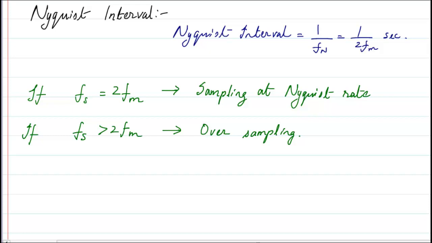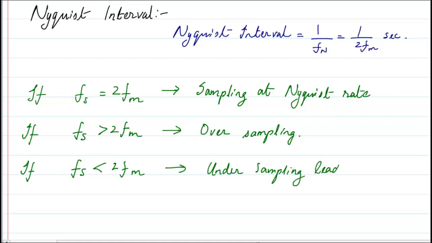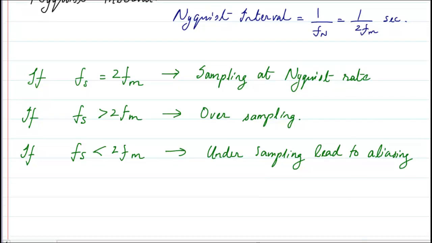Then the problematic case is if Fs is less than 2 Fm, which is undersampling, which leads to what is called aliasing. In certain books it is pronounced differently; certain people call it by another form. It does not matter, you can use whichever form you want.